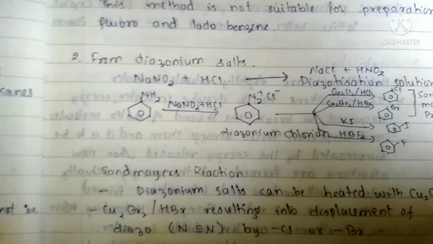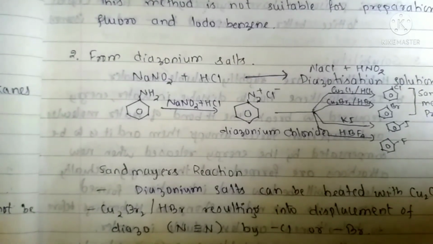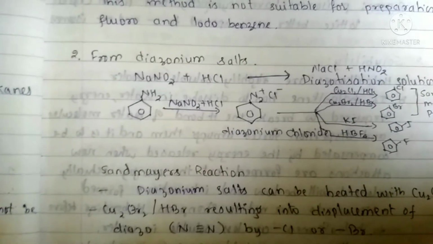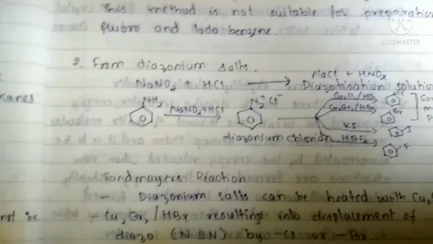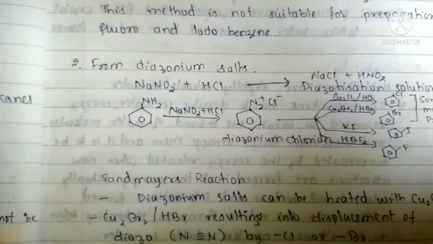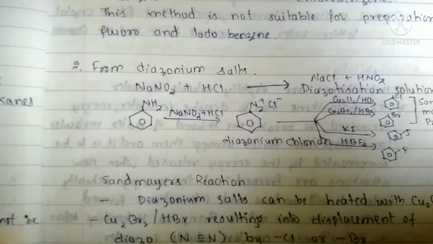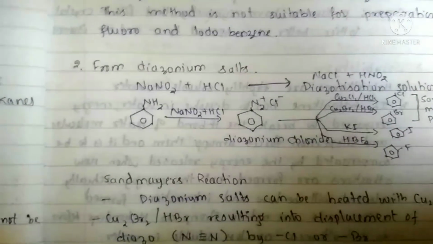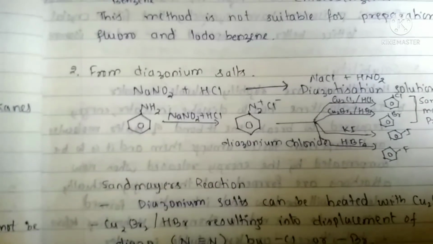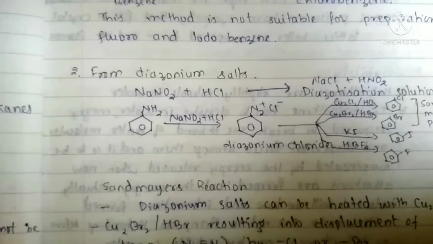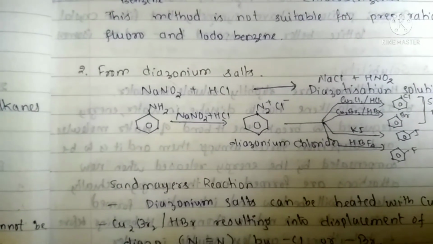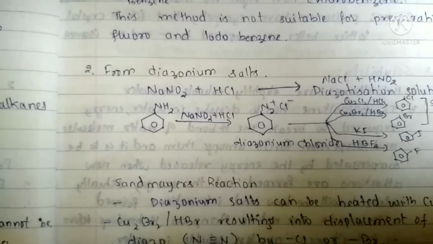In the third type of the diazonium salt heating, we now heat in the presence of potassium iodide, which results in the synthesis of iodobenzene or aryl iodide. Lastly, we can also synthesize fluorobenzene by heating the diazonium chloride in the presence of HBF4, tetrafluoroboric acid.